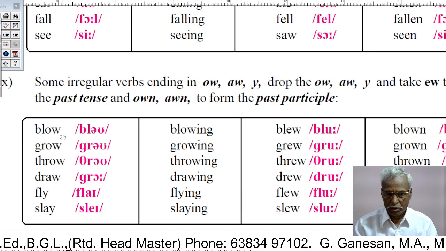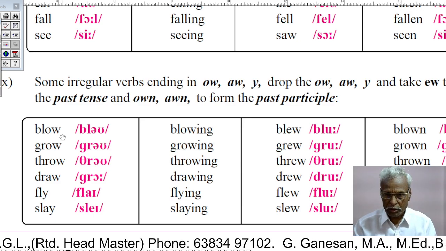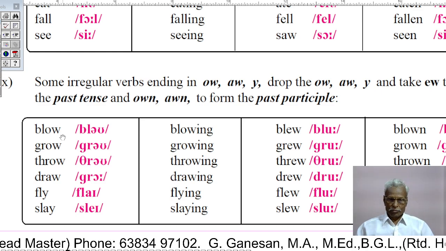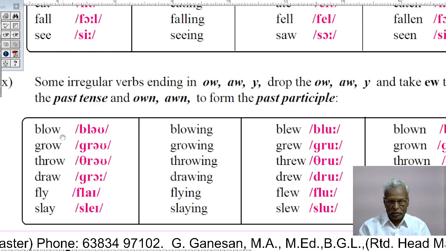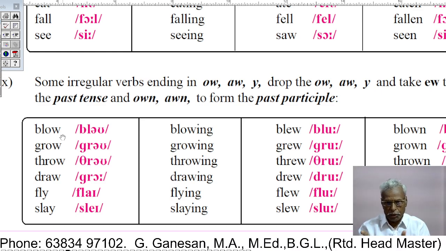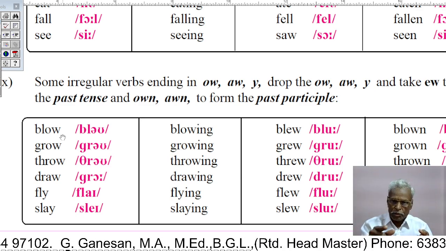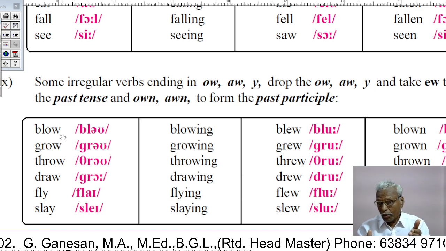Blow, blown. Grow, grown. Throw, thrown. Draw, drawn. Yes, we can say it in either way. Drop the OW and take EW to form the past tense, and OWN to form the past participle.